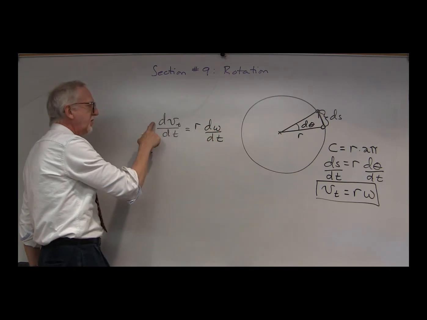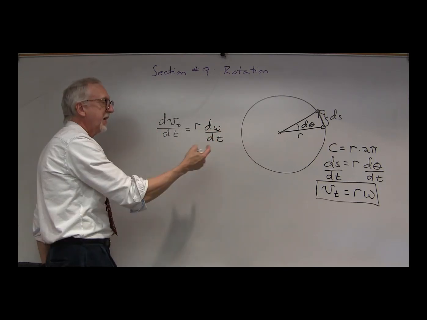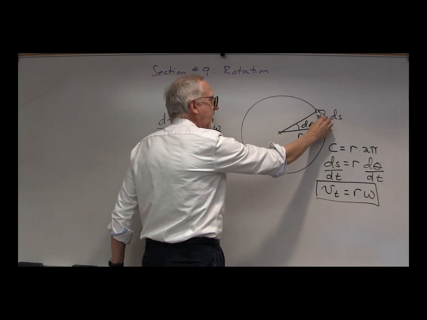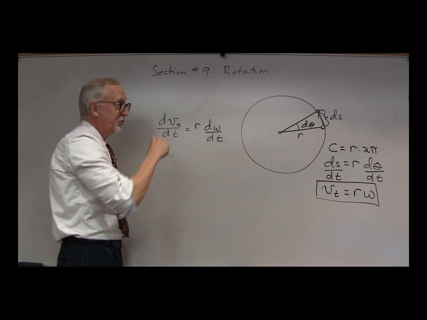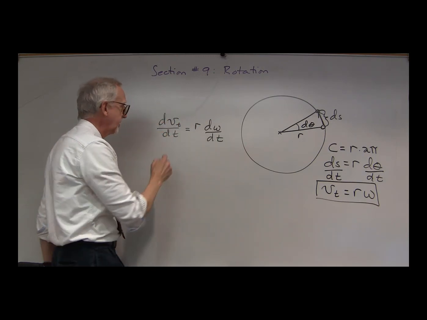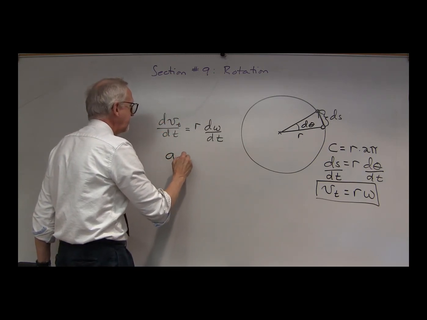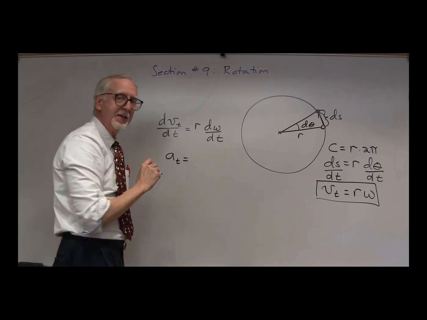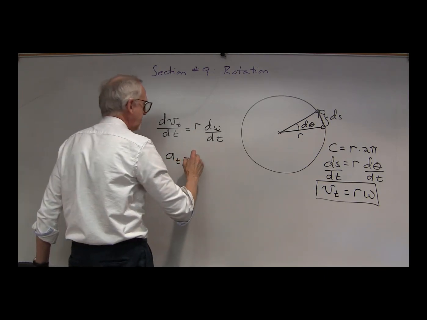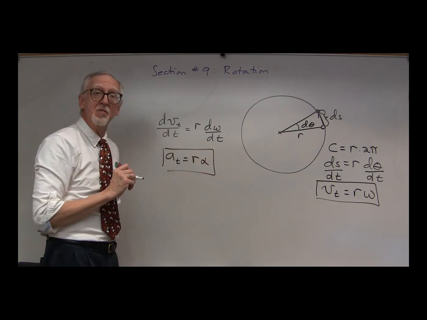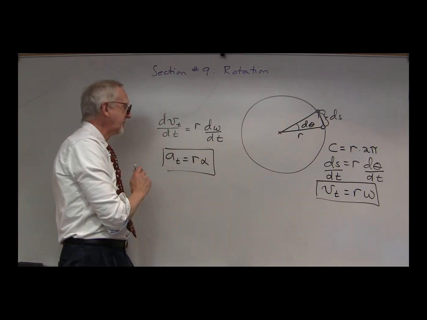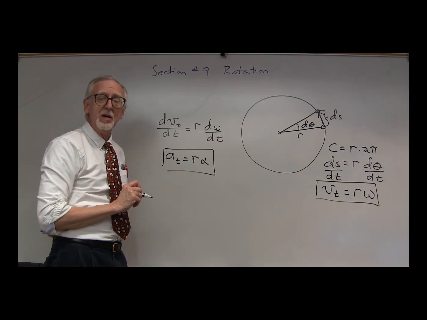Well, dv dt is the acceleration, in this case the acceleration along the direction of the circle, tangentially. So a sub t equals r times d omega dt, the angular acceleration, so r times alpha. That gives us a very simple relationship between the angular acceleration and the tangential acceleration.